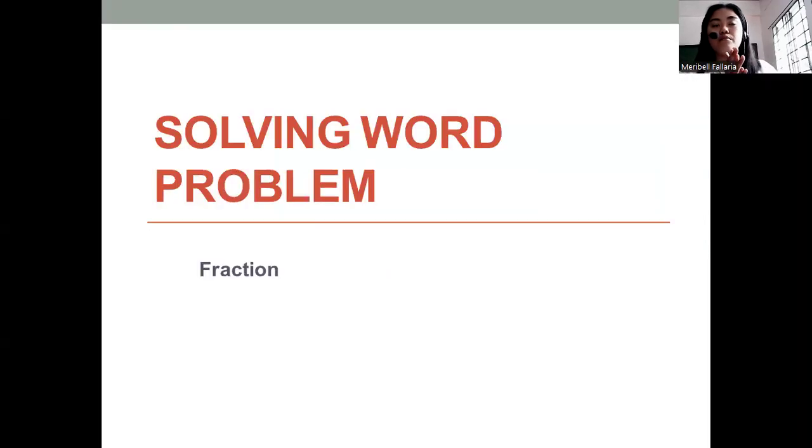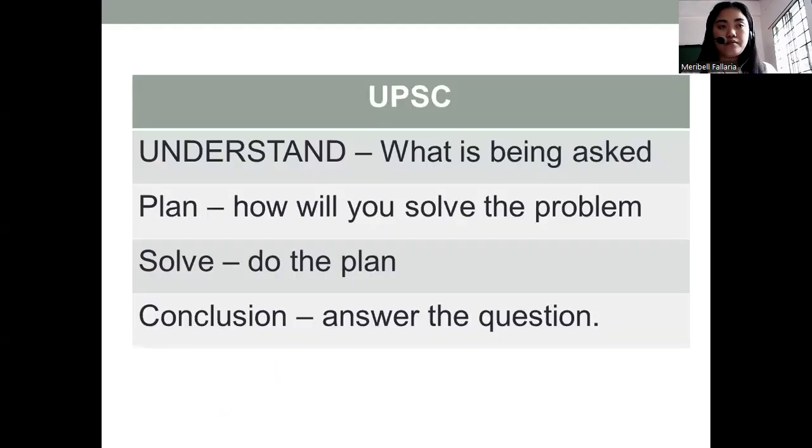Before we start, let me give you some information that in word problems, we use different kinds of strategies to solve the problem. We're going to use the UPSC. UPSC stands for understand, plan, solve, and conclusion.